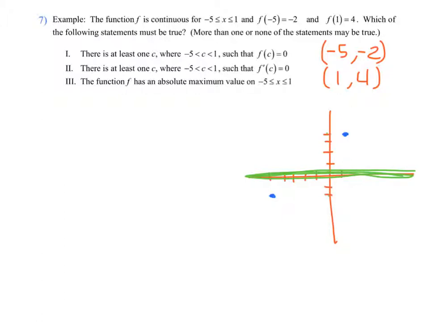And so, no matter how I connect these two dots, as long as it's a function, I have to pass through the x-axis. Therefore, as long as it tells me it's continuous and it's a function, it's going to have to pass through the x-axis. And so I would say that number 1 is a yes by the intermediate value theorem.